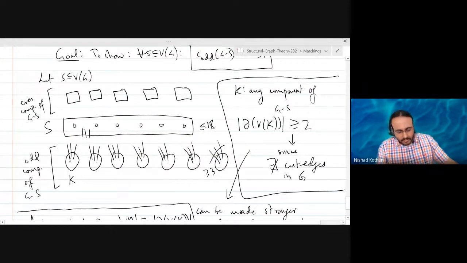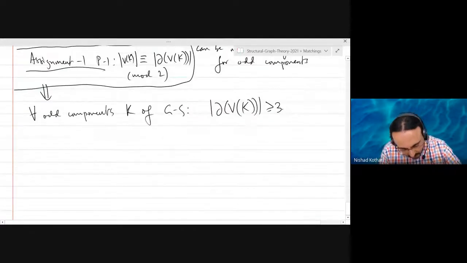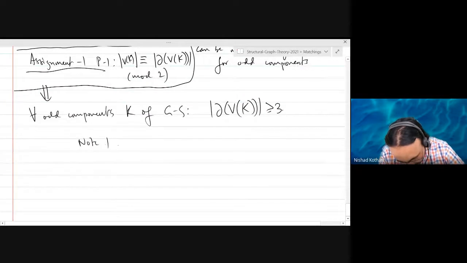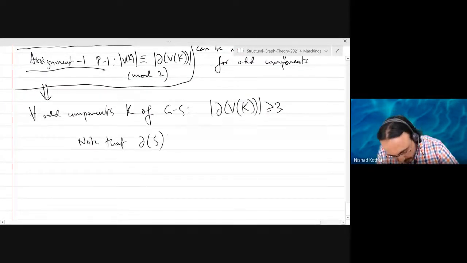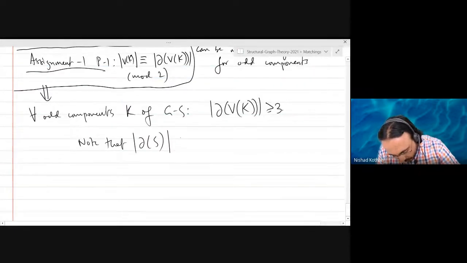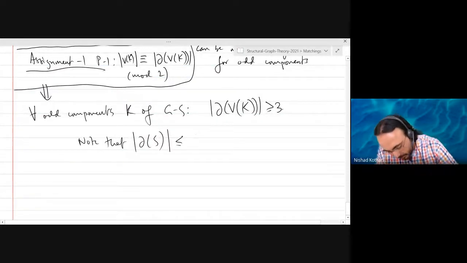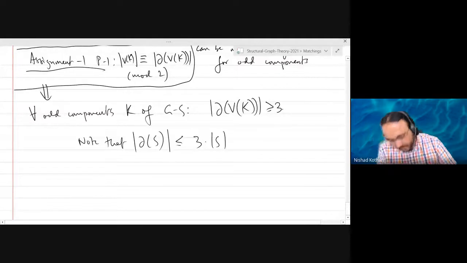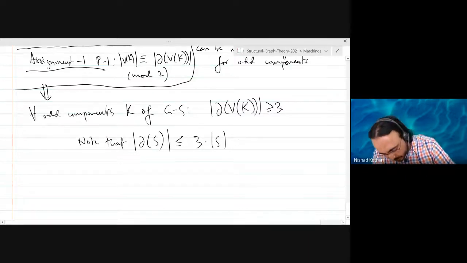Okay? So, well, note that the cut of S is at most 3 times the cardinality of the set S, right?